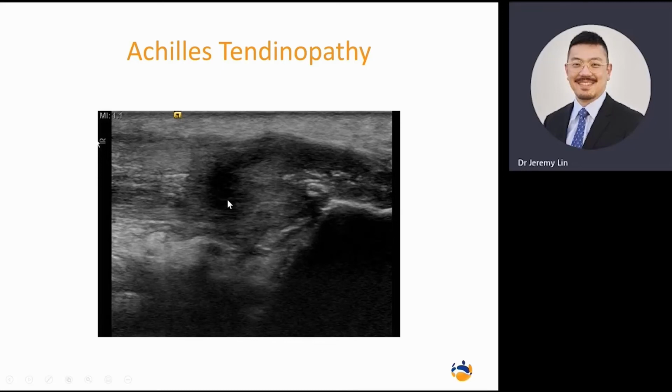If there is small linear hypoechogenicity within the tendon substance itself, that indicates there might be underlying intrinsic micro tears, and that's worth considering when it comes to management options. Obviously, if there is a rupture of the Achilles tendon, you'll see the whole thing retract up, and you'll see a fluid gap where it's discontinuous, and that's when we call our surgical colleagues.